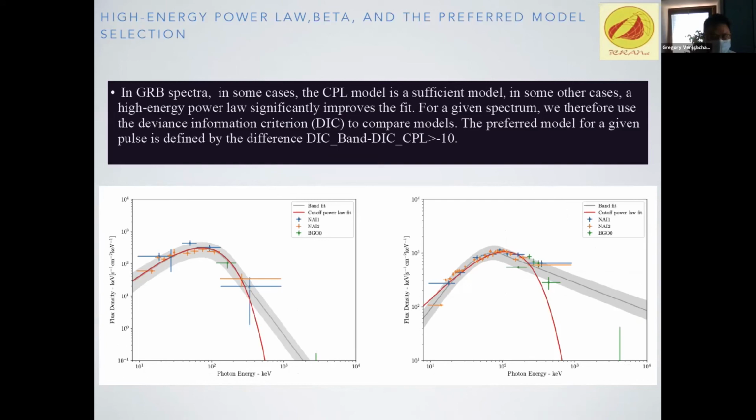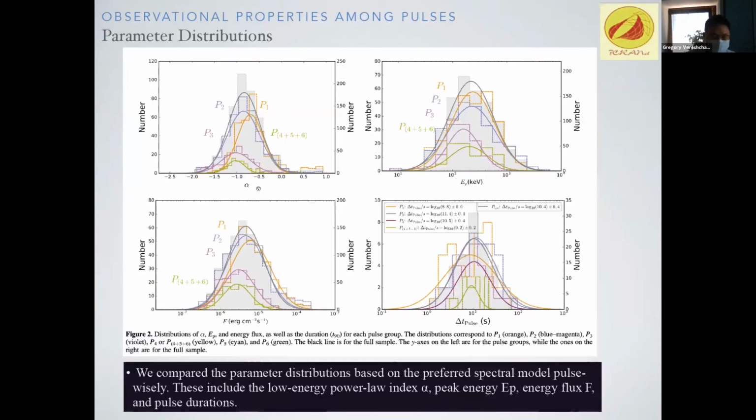We define the preferred model for a given pulse by the difference in BIC between the Band and the cutoff power law being greater than -10. Based on the preferred models, we then investigate the parameter distributions, including the low-energy alpha index, the peak energy, the energy flux, and the duration of the pulses.